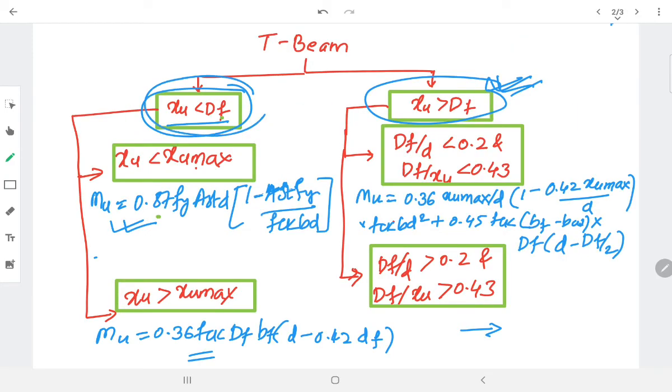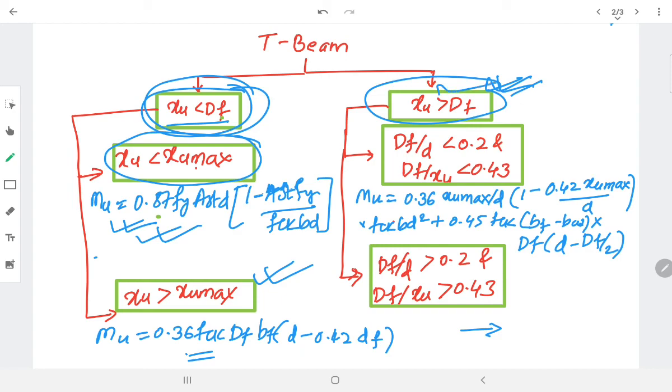So if xu less than df, I need to compare xu and xu max. Suppose xu less than df as well as xu less than xu max, in that case the moment of resistance will be calculated using this equation, or otherwise if xu less than df and xu greater than xu max, in that case I will be going for this.